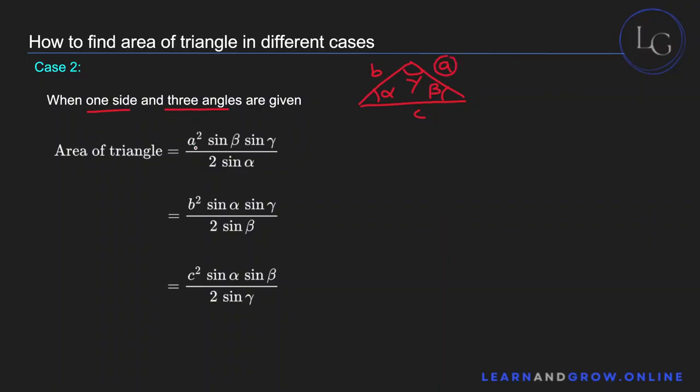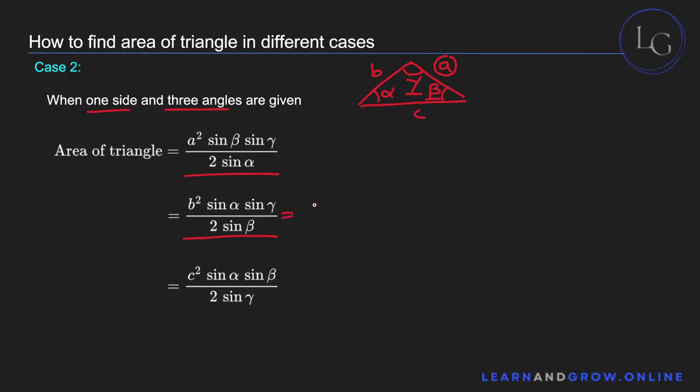Well, you can use this formula, the first one. A squared into sine of the first angle that is not opposite to A, which is beta, into sine of the second angle that is not opposite to A, gamma, over 2 sine of the angle that is opposite to the side A. Now let's look at the second one, just to make it clearer.